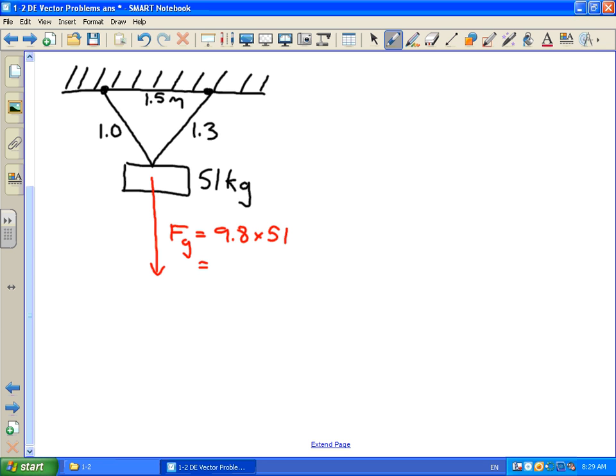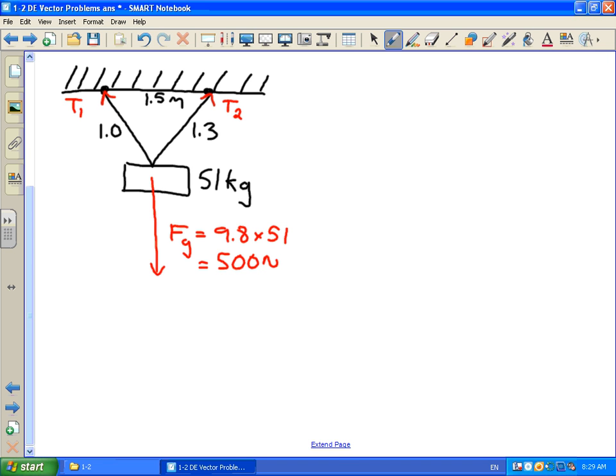So we've got gravity pulling down with about 500 newtons. And because this thing isn't moving, it's held suspended, that gravitational force has to be balanced by other forces. And the forces that are balancing it are the tensions in these ropes. So I'm going to call these T1 and T2 for our two tensions.